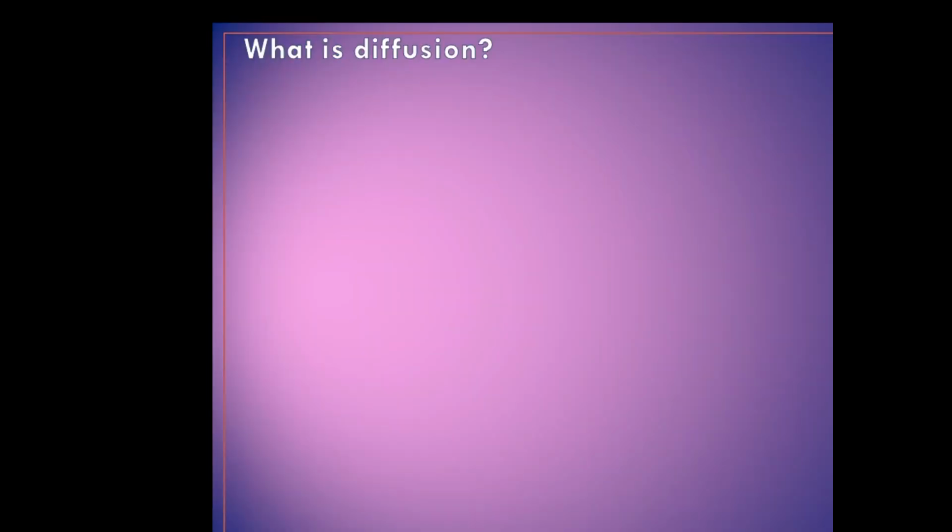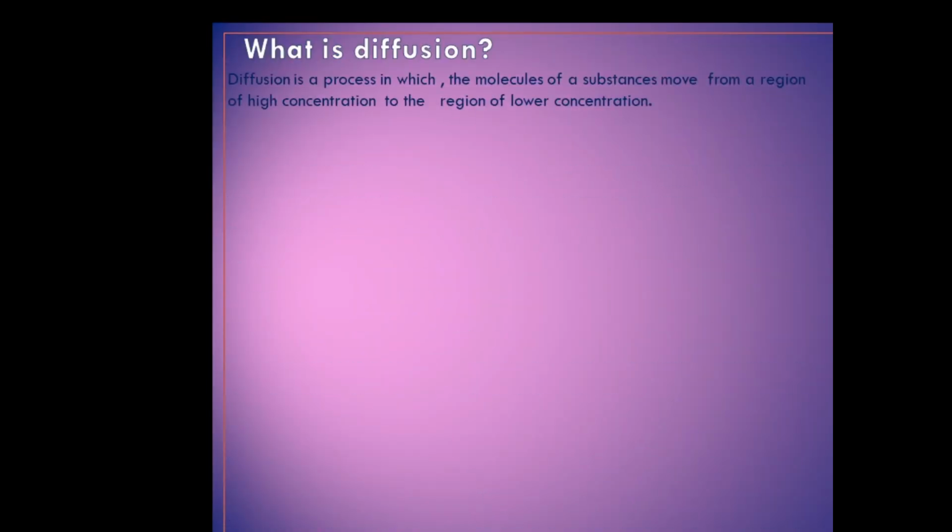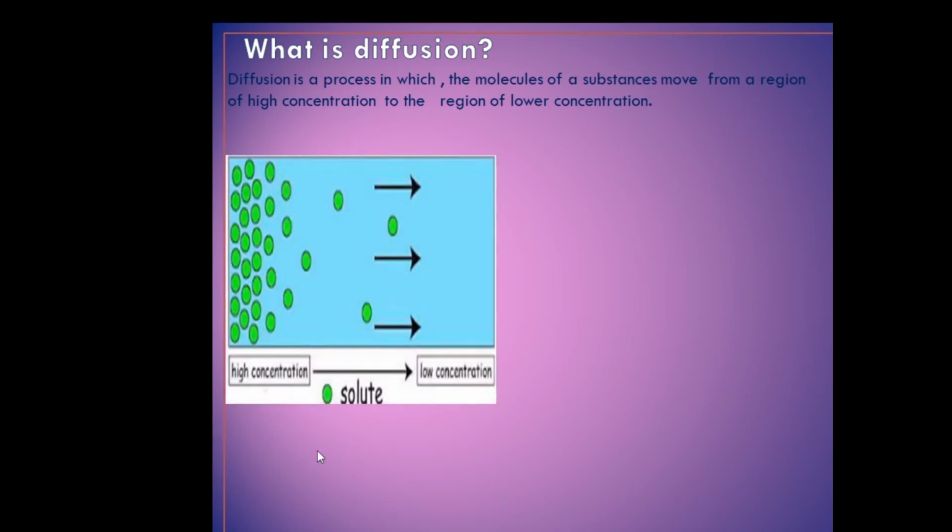How do we define this? Diffusion is nothing but a process in which the molecules move from a region where they are at higher concentration to a region where they are in lower concentration. So now what happens, see here? You can see there are more molecules at this side, therefore it is higher concentration.